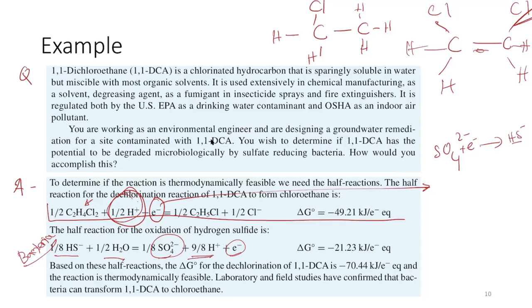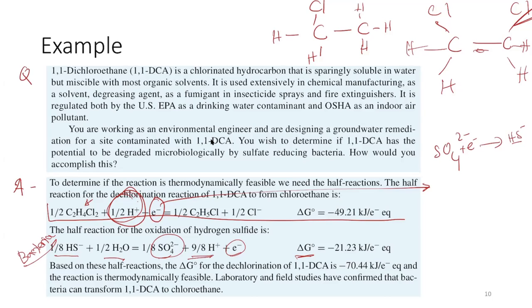So now your goal is to see whether this is feasible or not. So these reactions are usually given, and this delta G is the free energy. The more negative the free energy, the easier it is for that reaction to happen. Okay. So a negative free energy means it can occur spontaneously, or is thermodynamically favorable. If it is positive free energy, it's not going to occur.